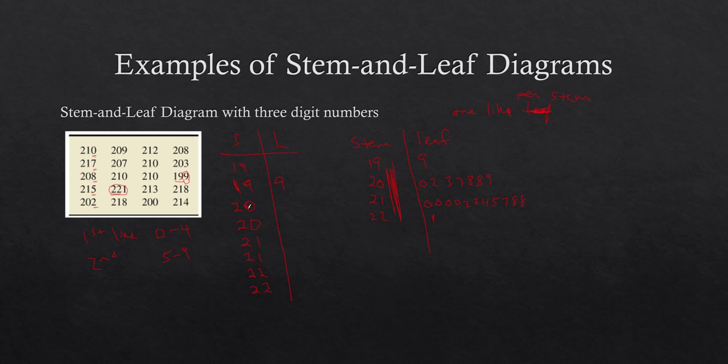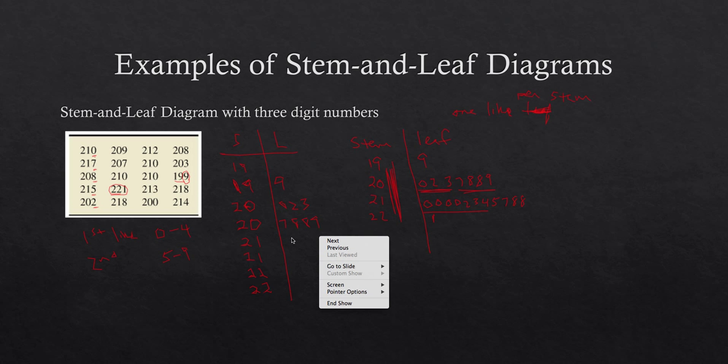Alright, so for 20s, how many stems of 20s have a leaf that is 0 through 4? Well, 0, 2, 3. See, these are the ones that are 0 through 4. So the rest of these would go on the second line. Okay, same thing here, 0 through 4.